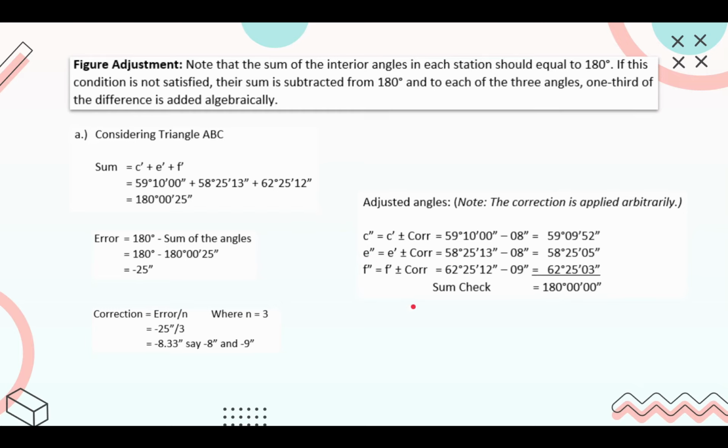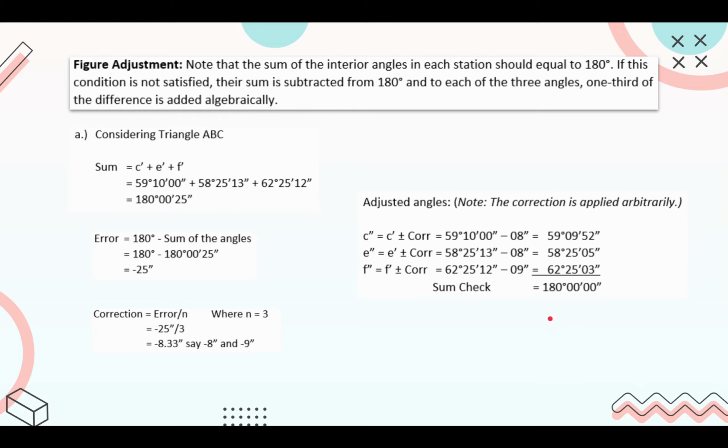This is actually done to avoid having decimal values for the adjusted values, because if we use negative 8.33 seconds as the correction for all angles, then the sum of the adjusted angles will either have an excess or lack a value of 0.01 seconds. Although this error is very minimal, it would just be better to avoid such.